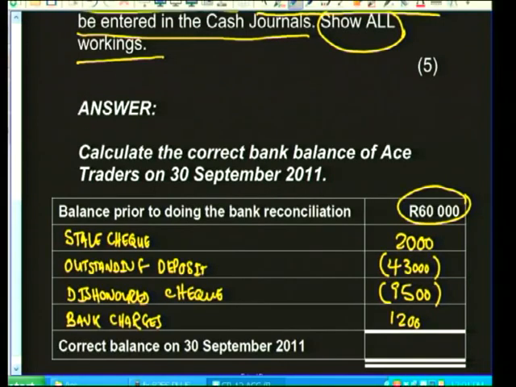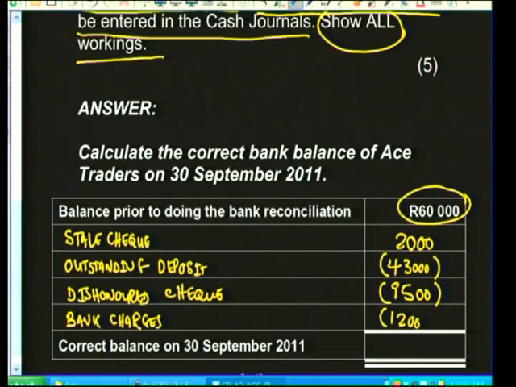And again, ask yourself the question, what will the bank charges do? It's entered in my cash payments journal, so therefore it will definitely reduce my bank balance. What I've done is enter all the amounts that needed to be entered in order to calculate my correct bank balance.